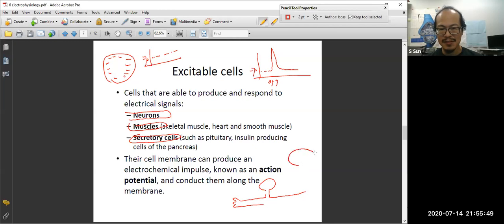Your brain right here. So it will send to your brain.